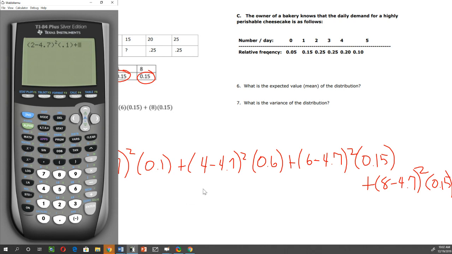And then I'm just going to type the rest of this in. 4 minus 4.7, square that, and then multiply that by 0.6. I'm going to add the next one, 6 minus 4.7. Open the parentheses first.